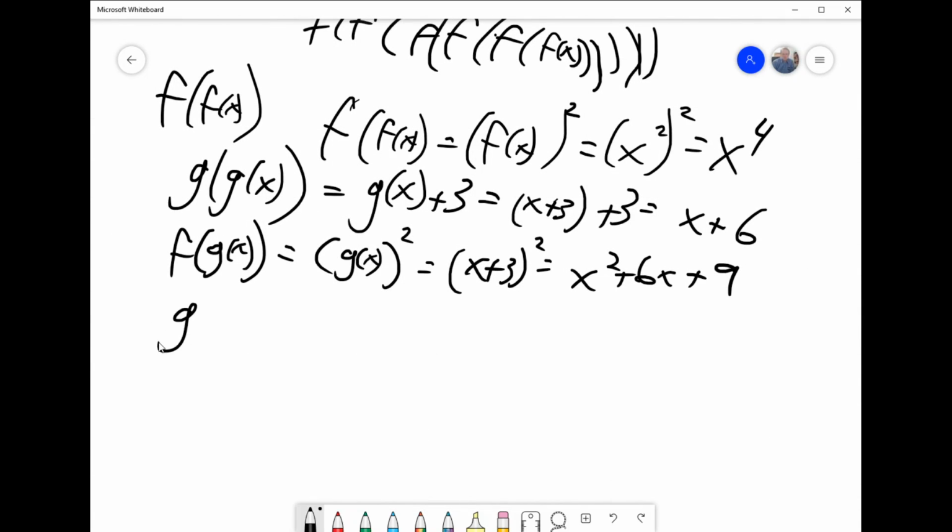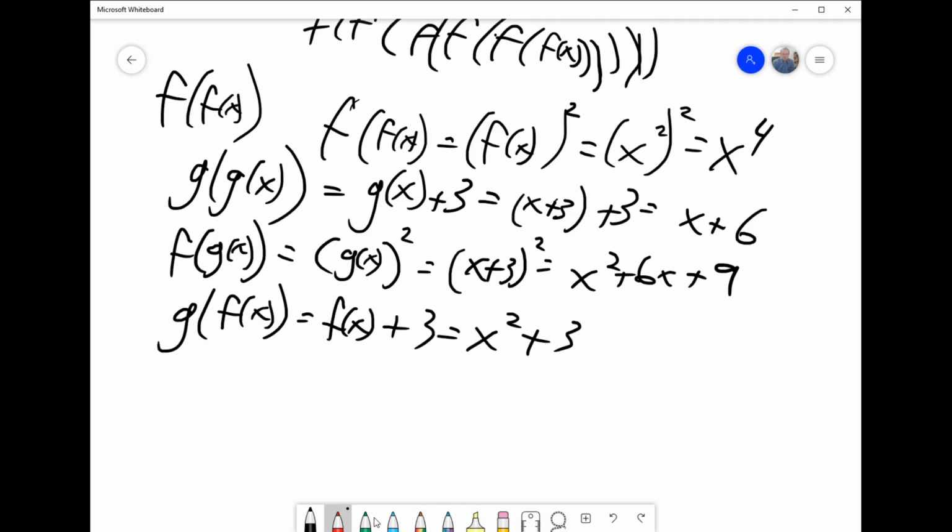And then finally, g of f of x would be our x plus 3, but instead of x, we have f of x. So that's x squared plus 3. So 4 different pairs and 4 different results.